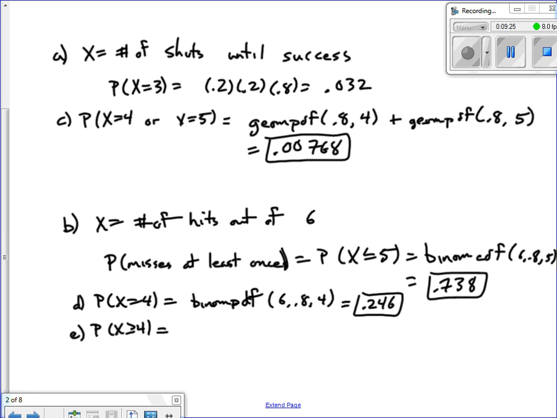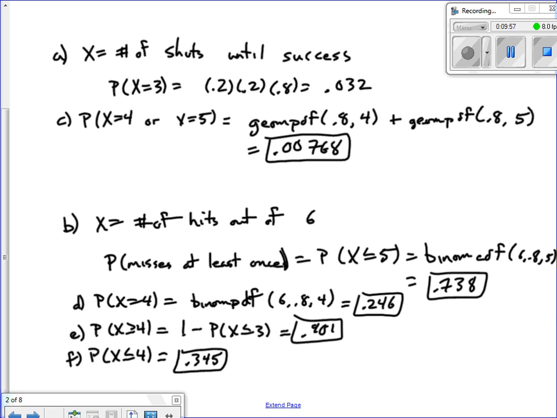Now to use a calculator, remember we're going to do 1 minus the opposite of at least 4, which is less than or equal to 3. And if you use your 1 minus binomial CDF, that should be 0.901. And then finally for F, no more than 4 bullseyes. That's just, again, binomial CDF. And that probability is going to be 0.345.